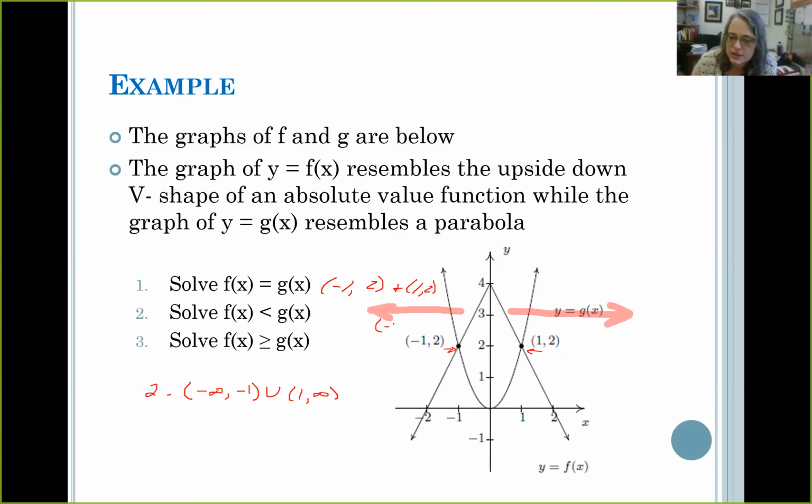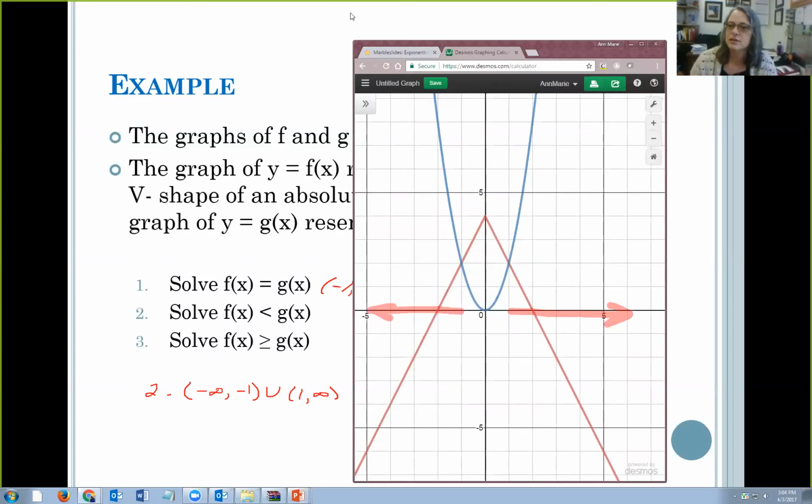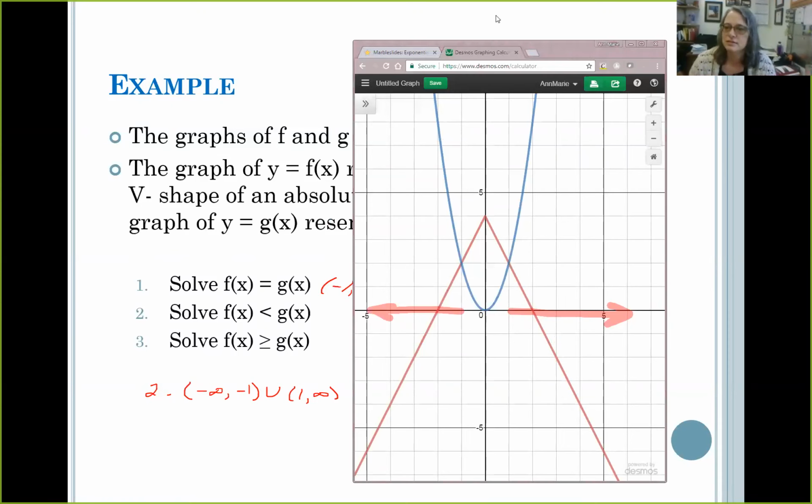This part gives us, so this arrow here is included in the -infinity.